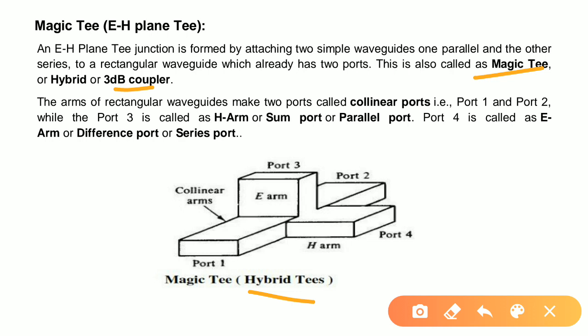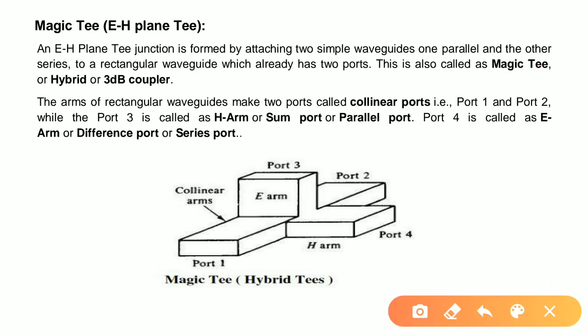The arms of the rectangular waveguide make 2 ports called collinear ports, that is, port number 1 and port number 2, while port number 3 is called the H arm or sum port or parallel port, while port number 4 is called the E arm, which is the difference port or series port. So please remember, port number 3 is also called the sum port or parallel port.